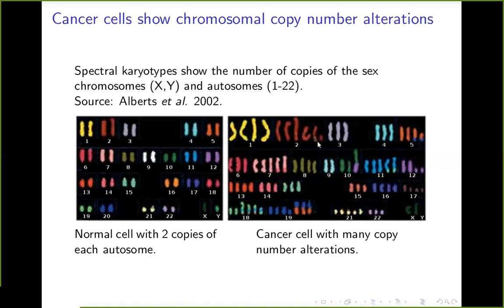For example, here it looks like maybe a chunk of chromosome 2 has been glued to a chunk of chromosome 17. Right here, you see a chunk of chromosome 10 being glued to a chunk of chromosome 12, right? So there's lots of what we call copy number alterations, where you have different parts of the chromosome present in different numbers. This can be very useful in diagnosing cancer, and so this is the main motivating problem for this kind of research.